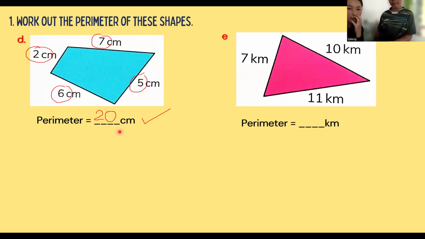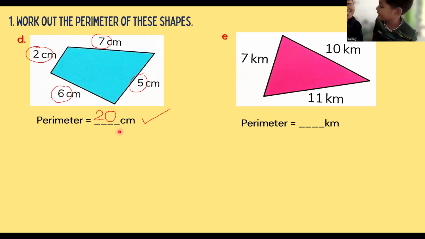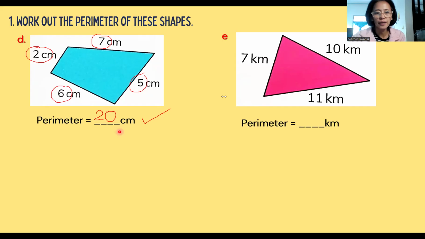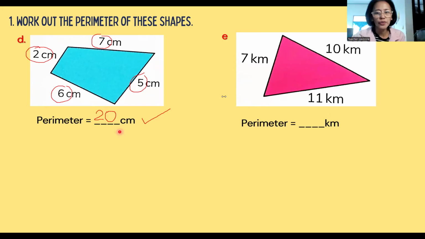Let's see who got it correct. Nina said 28 kilometer. The length, 28 kilometer. Very good. Nara, 28 kilometer. Okay, Nike, you can mute your mouth already.